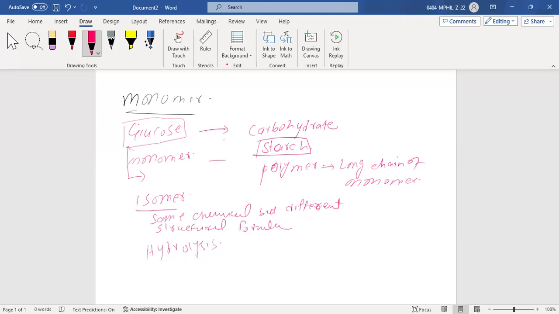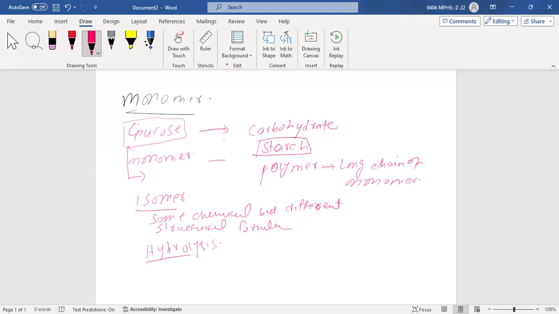The breakdown of water. Yes, you can say hydrolysis means we are breaking some chemical in the presence of water. I mean, it is the breakdown of any substance by using water. I mean, simple molecules from the complex one.